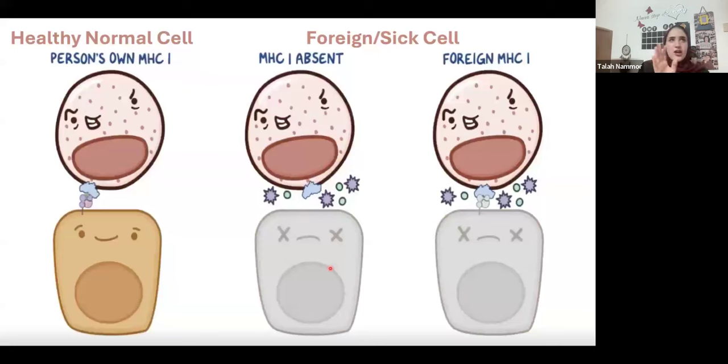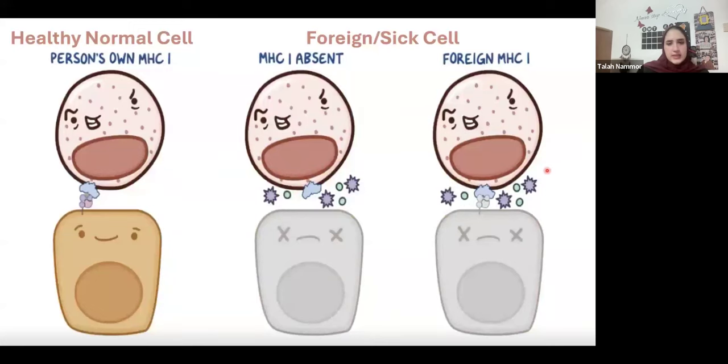You can think of MHC1 as a white flag saying, I'm you, you're me, please don't attack me. If we don't have MHC1, or the MHC1 is not similar to the MHC1 found all over the body, it's not the white flag, it's a red flag, and the natural killer cell is just going to kill it.